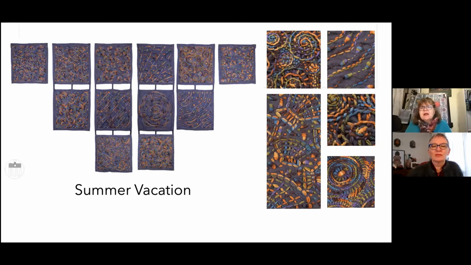And you can see at the side the detail of my stitching to create surfaces that kind of worked even though I was using just a variegated thread.